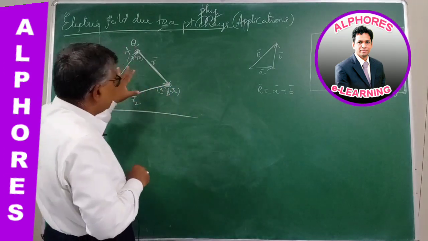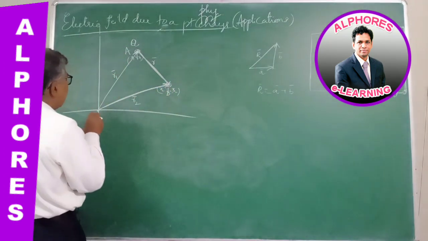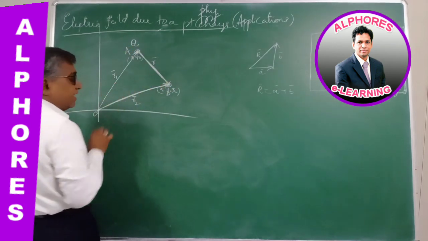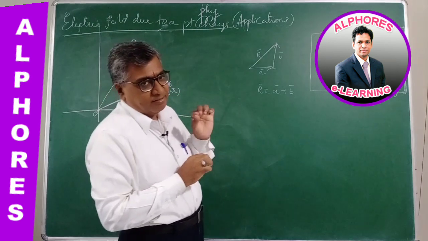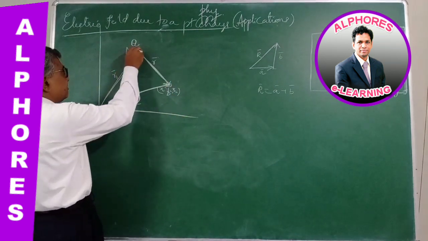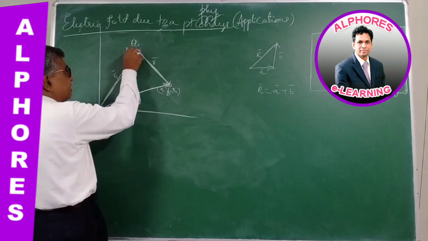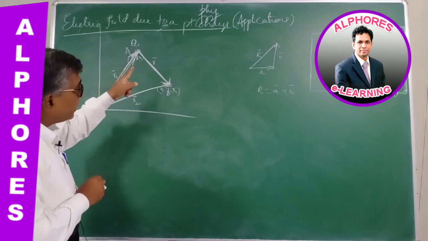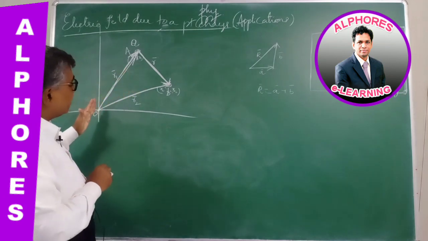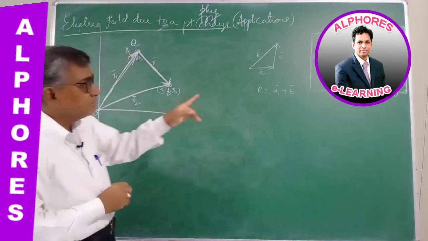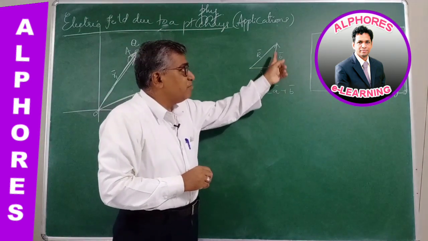Applying the same on this, the origin O, point A and point B form a triangle, of which OA is one vector and AB is another vector. These are the two vectors represented as two sides of a triangle taken in order, like this, A bar and B bar.